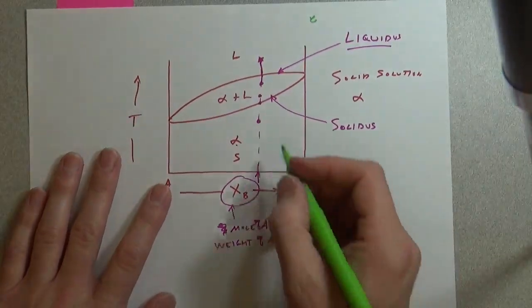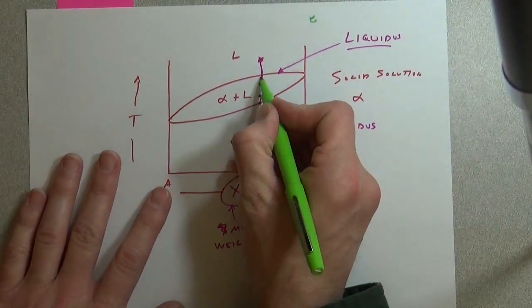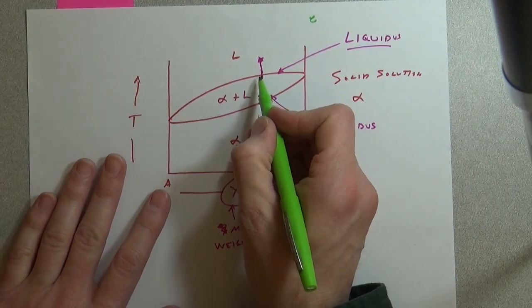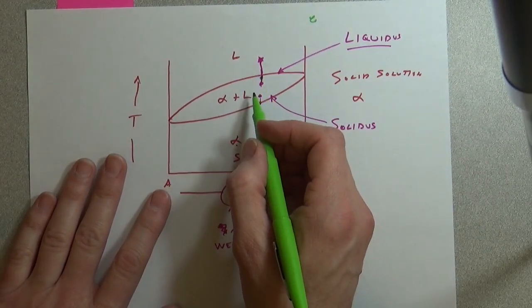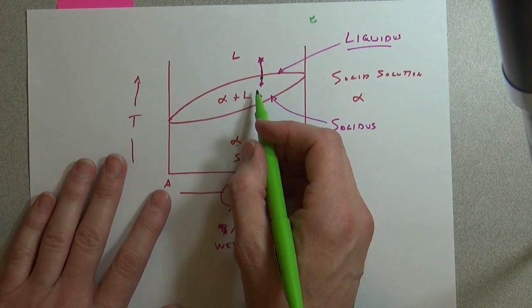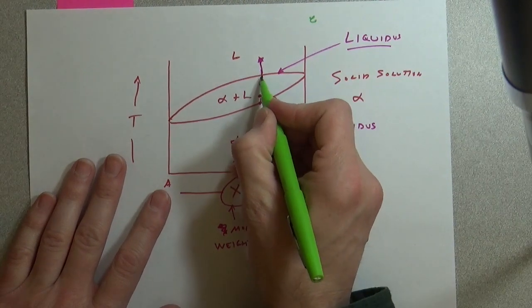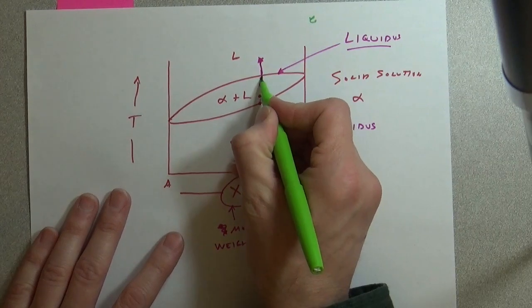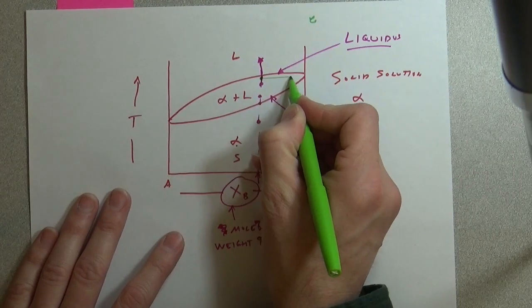Yeah, okay. So let's say that we're right here. We just crossed the liquidus. Well, that means that we are mostly liquid and a little bit of solid. So what we do is we draw what's called a tie line. And that is a horizontal line.